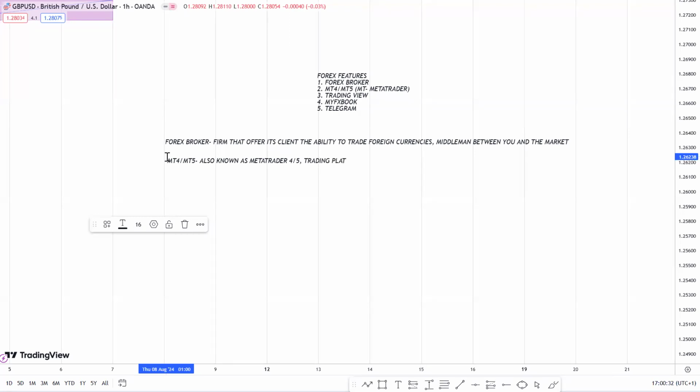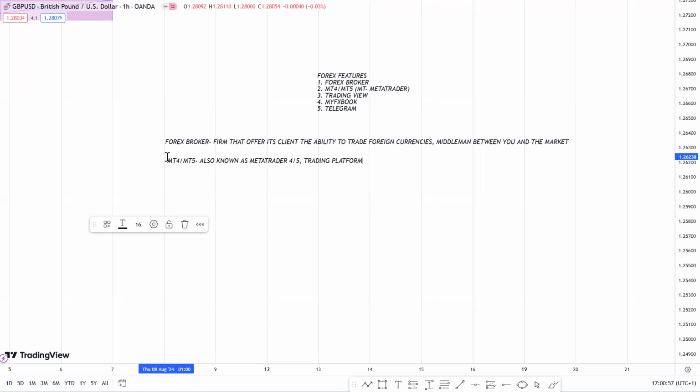As we have forex brokers, we have trading platforms. First you have to have a broker, then you have to have MT4 or MT5 so that you can access their trading platform. The broker gives you the ability to trade foreign currencies and gives you a firm where you can put your money. MetaTrader 4 or 5 are the trading platforms where you go to trade.